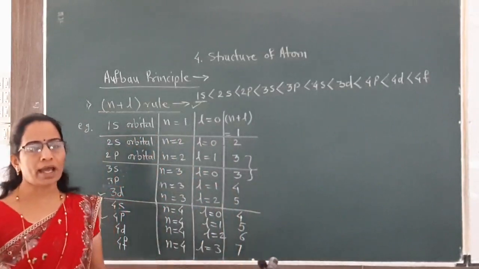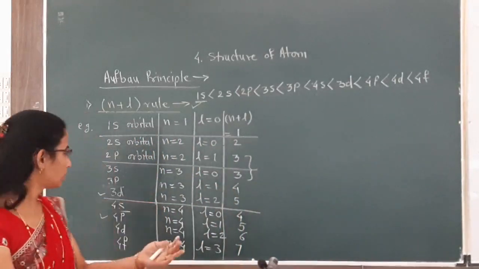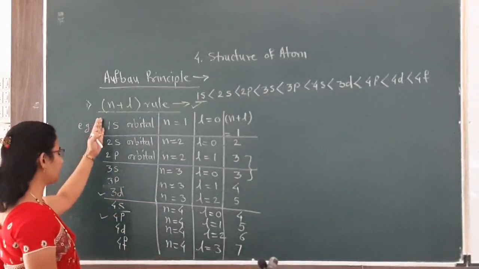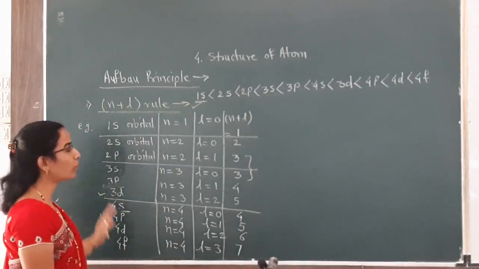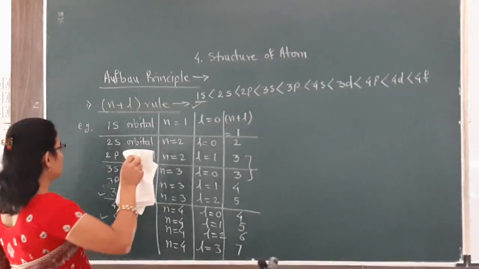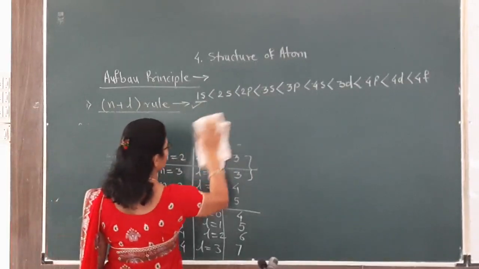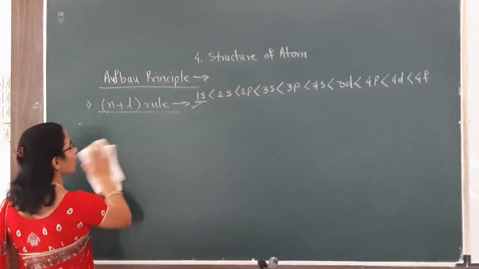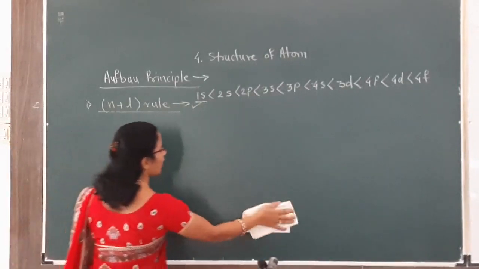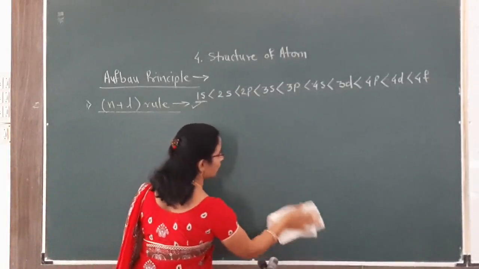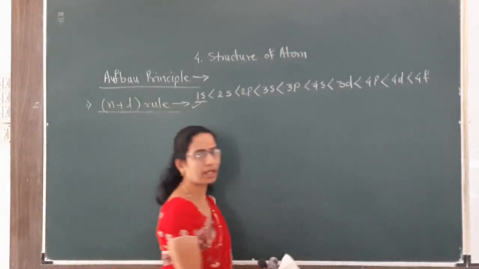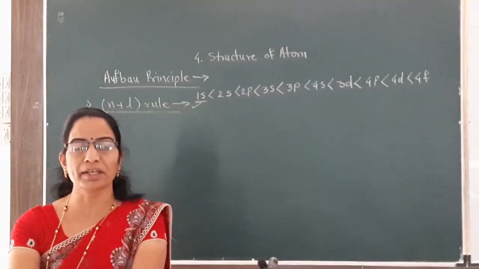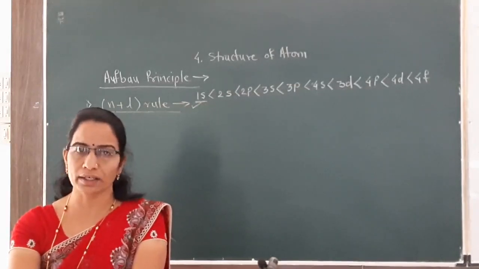We know that in an atom a number of shells are present. Here I have shown you only 4 shells as an example, but if an atom possesses a large number of shells, then you have to arrange those shells, subshells or orbitals on the basis of their increasing energies.